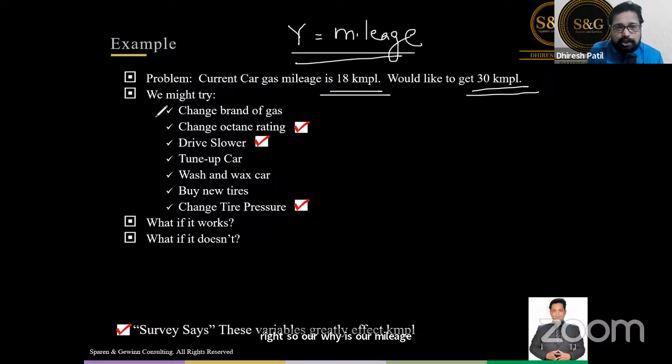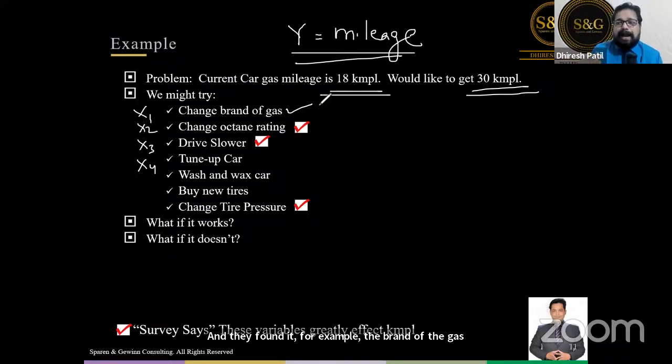And what are the X's? So they brainstorm all the X's, okay? X1, X2, X3, X4, etc. And they found, for example, the brand of the gas, meaning HP and BPCL and IOCL or Reliance, whatever, they are the brands. Then the octane rating. Octane rating is the rating inside the gas.